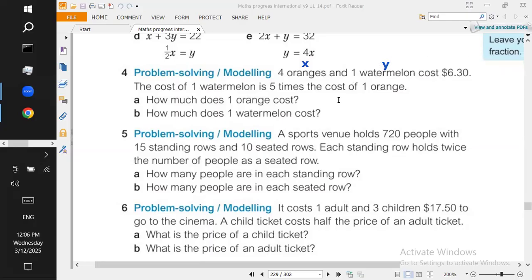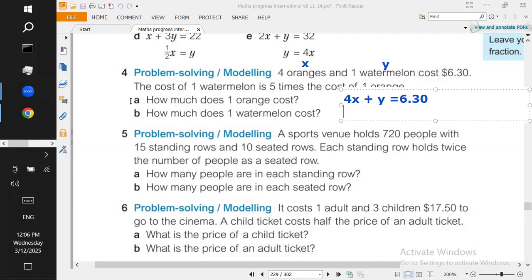Now to write the equation, 4x and means plus. One watermelon means Y. You don't have to write the one. Together they cost $6.30, so 6.30, like this. This is the first equation.